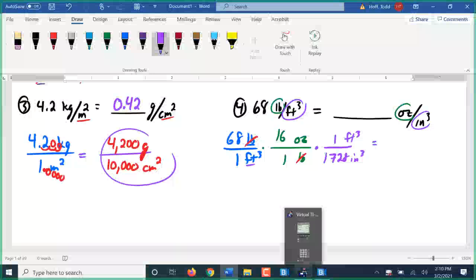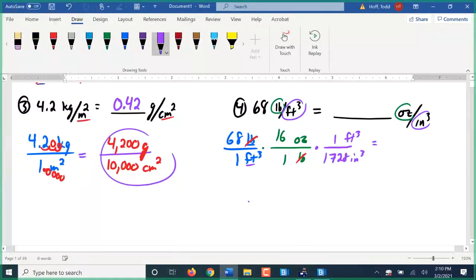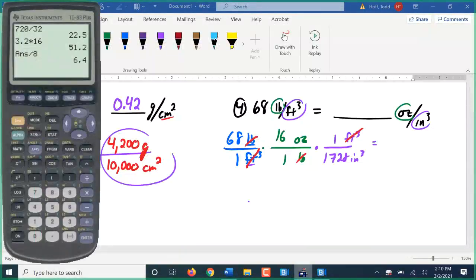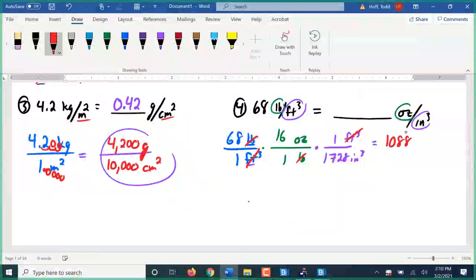So on top, we have 68 times 16 ounces. Cubic feet cancel out, so let's cross those off. So 68 times 16 ounces times 1. So 68 times 16 is 1,088 ounces.